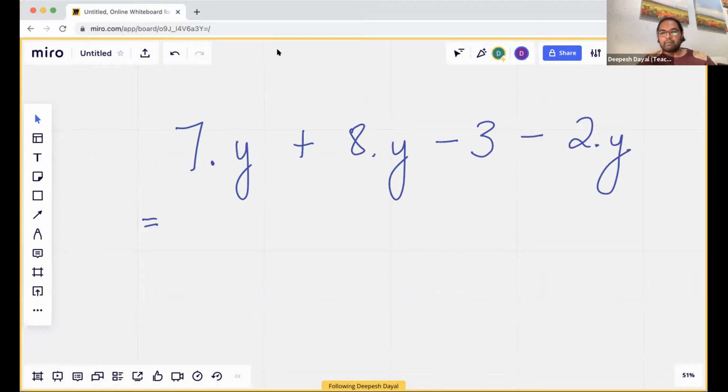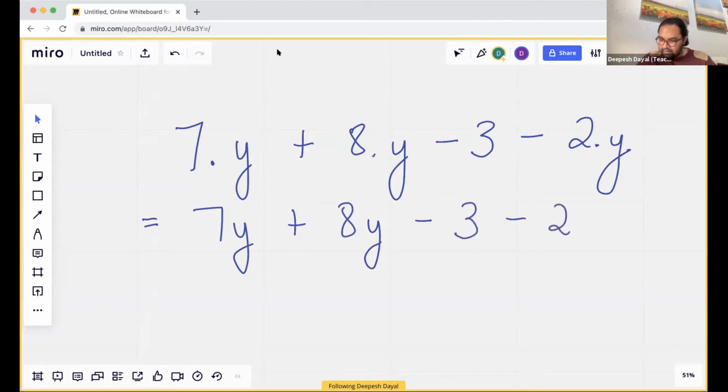Dot represents multiply. 7y plus 8y minus 3 minus 2y. Is that right? Okay. And then what do we do?